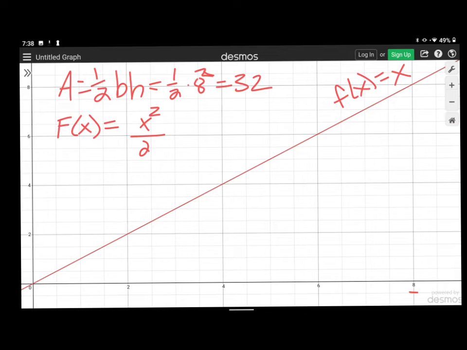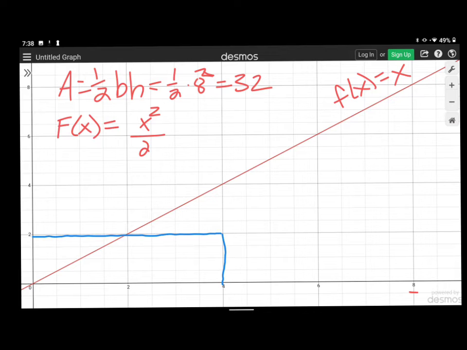Right now we have one giant interval, 0 to 8. We're going to break it down into 2 subintervals. Our first interval will be from 0 to 4, and then the next one from 4 to 8. Again, we're trying to approximate this, so I'm going to draw a rectangle like this.